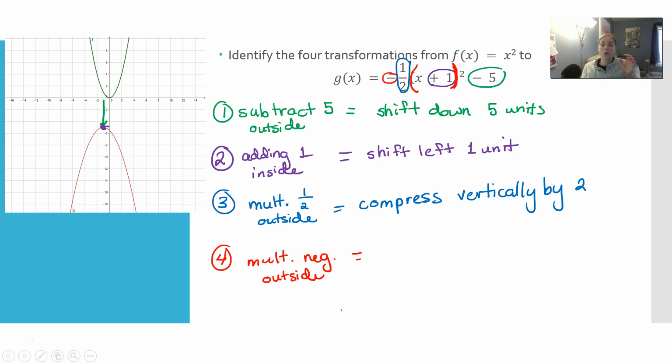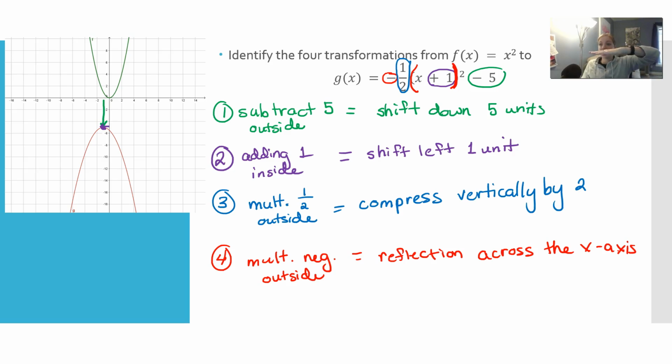When you multiply by a negative, this is where the reflections come across, where you're reflecting it across an axis. So when we're multiplying by a negative outside, that's a reflection across the x-axis.